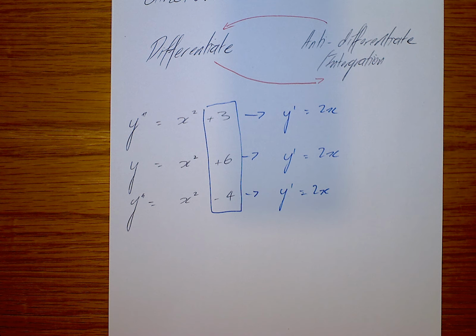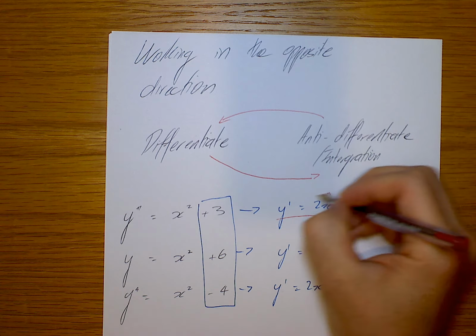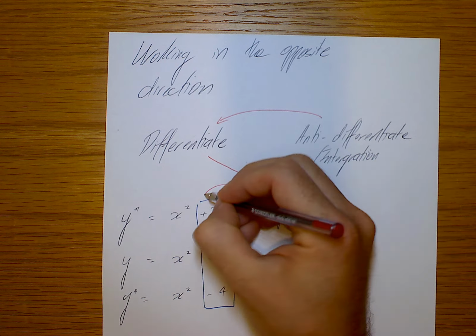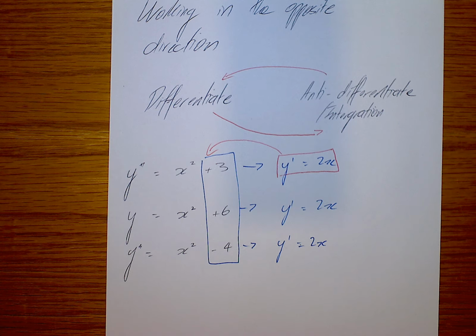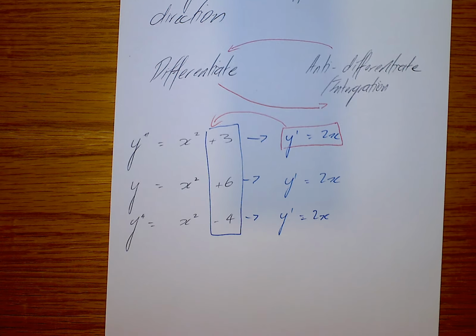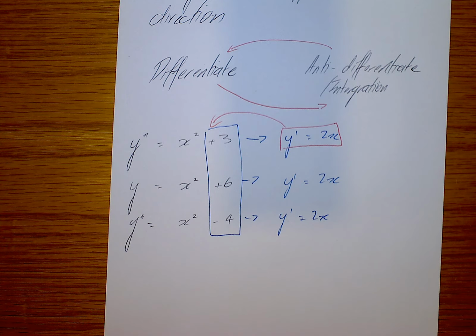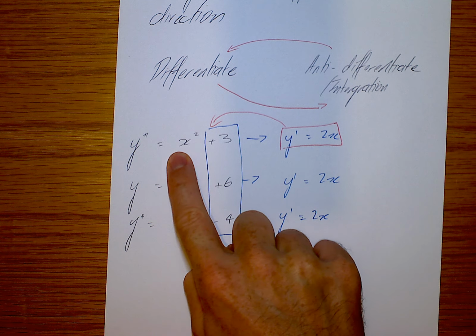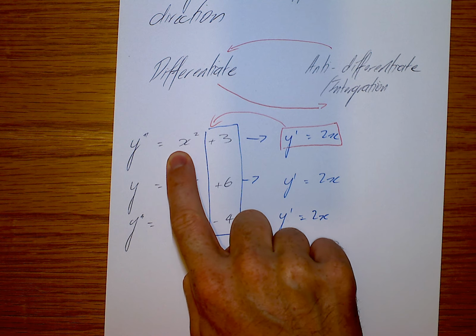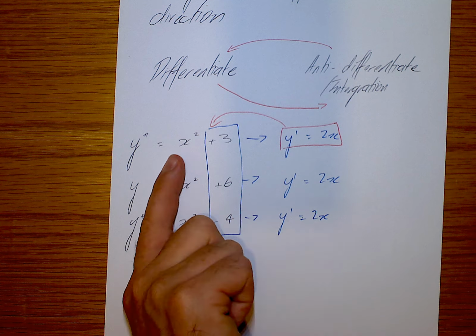Okay, let's deal with one problem at a time though. If I asked you to take this and make it into the original function, most of you could look at that and go, well, I know differentiating is pulling down the indice and putting it at the front. So really I've got to do the opposite of that.